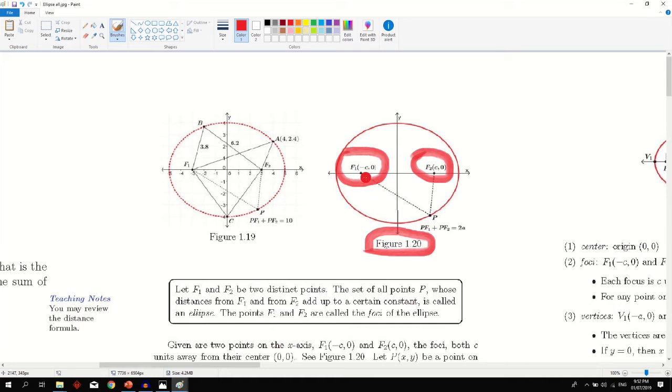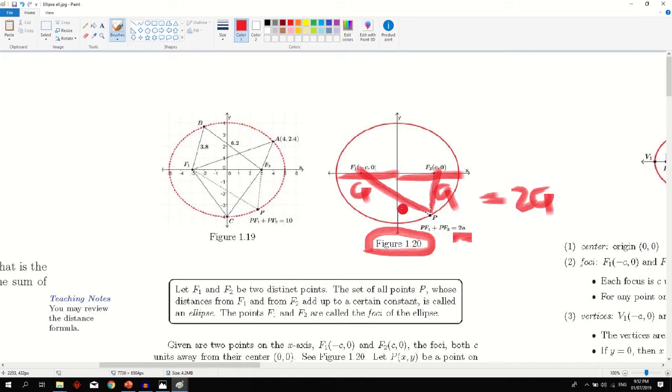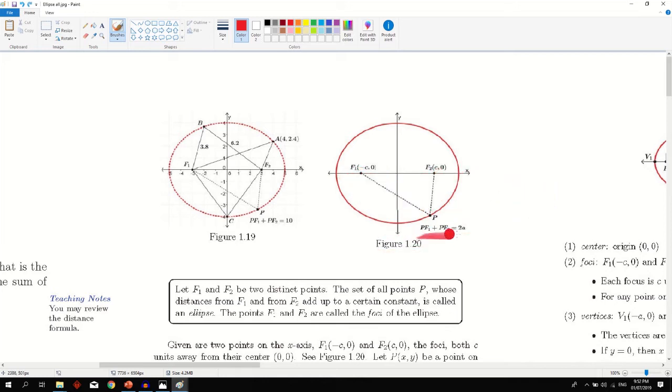F1 is (-c, 0), then F2 is (c, 0). The distance from point P to F1 plus point P to F2 is equal to 2a. So this is a, then the other one is a, so a total of 2a. Now you get where this given came from.